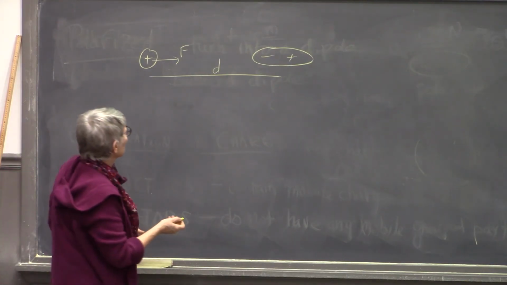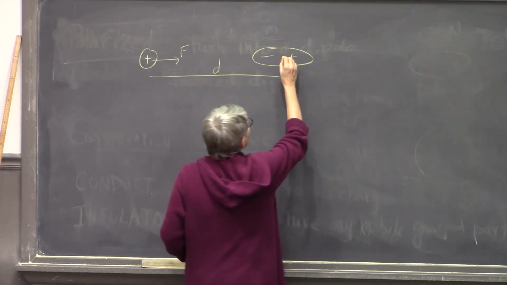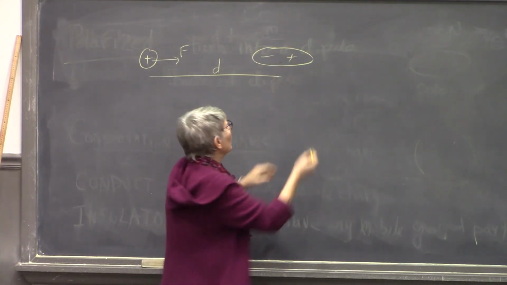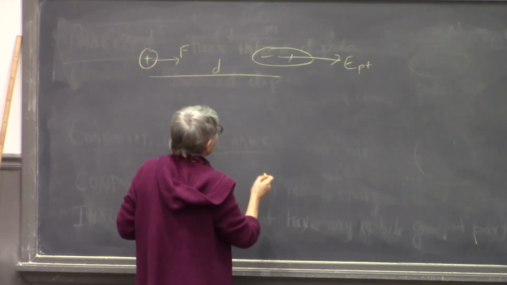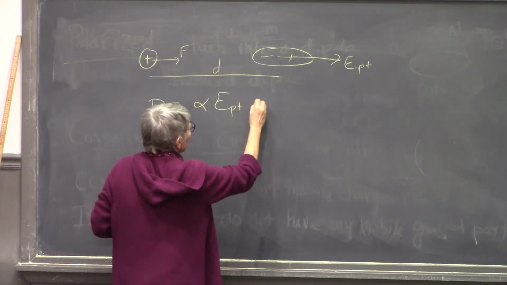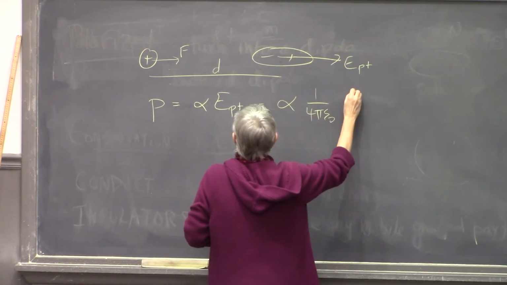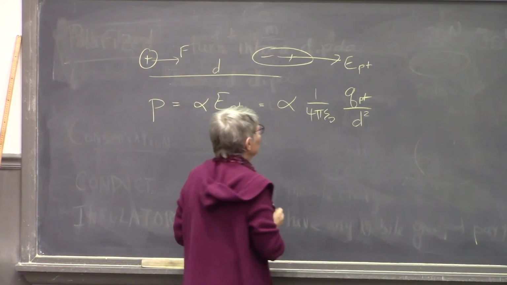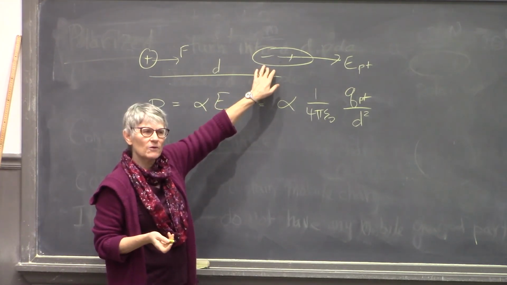It's pretty interesting because we have to step through this. The first thing we do is calculate the dipole moment of the new dipole, and to do that we have to get the electric field of the point charge. So the dipole moment is alpha times E of the point charge, which is alpha times 1 over 4 pi epsilon 0, Q of the point charge over d squared. So we've now got the dipole moment of the dipole.